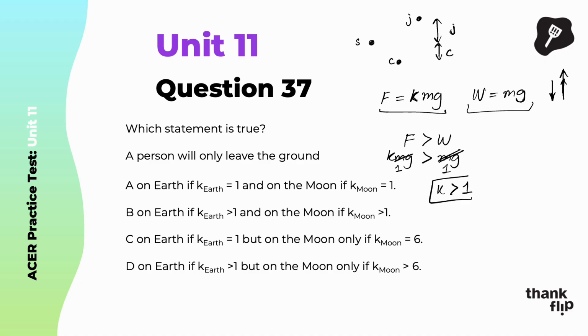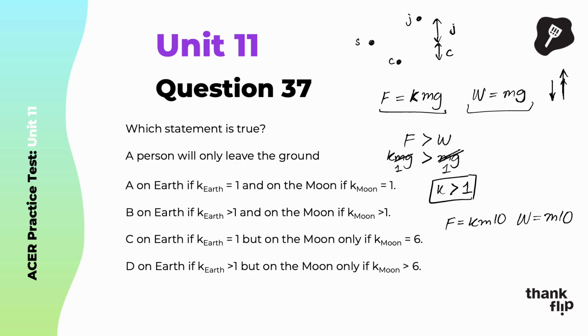So this is the conclusion that you can come to for any sort of situation, including Earth and including the moon. Because if you think about it, if you have F is equal to km, let's say that the Earth's gravity is 10, and then your weight would also be on Earth, m times 10.